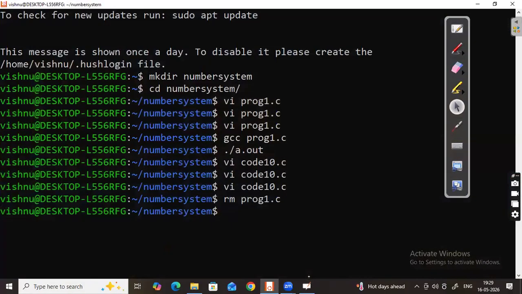See here. vi prog1.c. #include <stdio.h>. Main function.